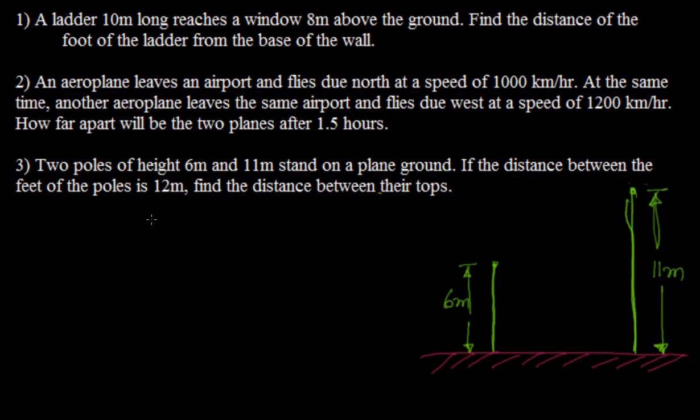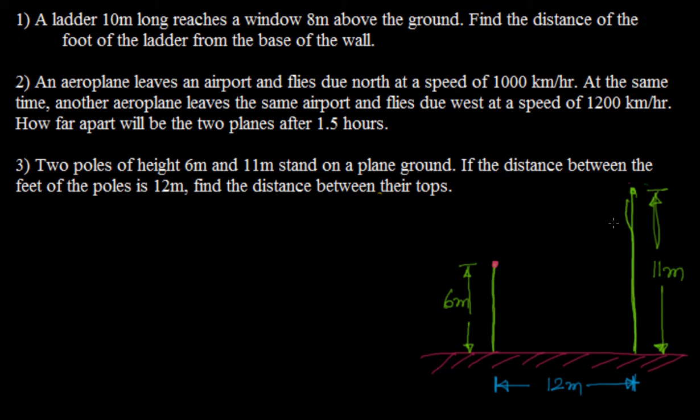Okay, what else we know? If the distance between the feet of the poles, that means the horizontal distance between them, is 12 meter, then find the distance between their tops.